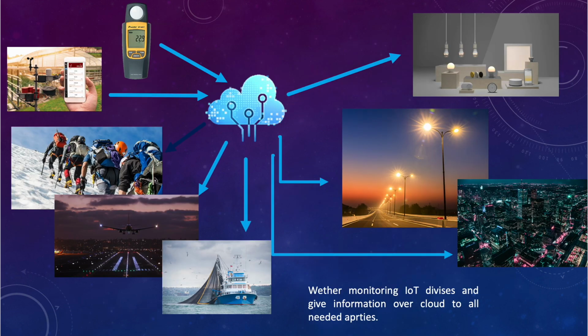Then we looked at a single set of IoT devices being used in different domains, industries, and scenarios. In this case, it was monitoring of weather in real time and how that can be used to control all lighting in smart homes, smart cities, and how the data can be used in different industries to make decisions correctly in real time, right?